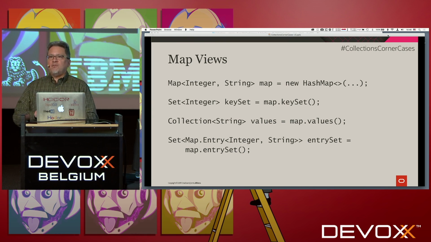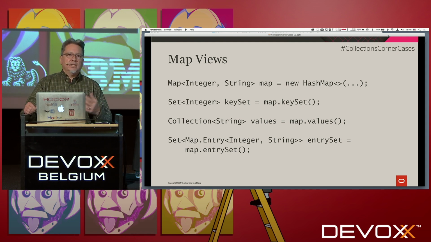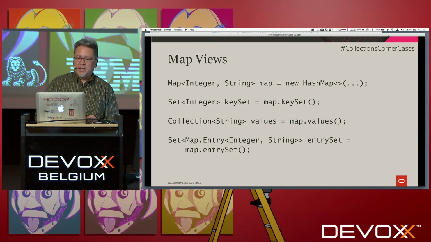The next view is the values collection. So you can say map.values, and you get a collection of String, which is the type of the values in that map. Now that's a collection. Why is it a collection? Well, values in a map don't have to be unique at all, so it's not a set. And also the values in the map don't have any order defined. In general, maps do not have order defined, although we're going to be talking about a different kind of map later on.